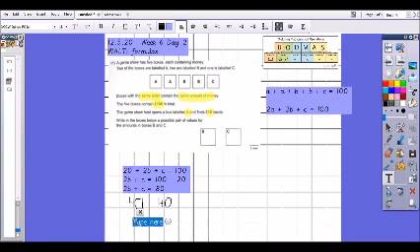And we know that 40 divided by 2 equals 20. Therefore, B could have the value of 20 and C could have the value of 40, and then A also has the value of 10.